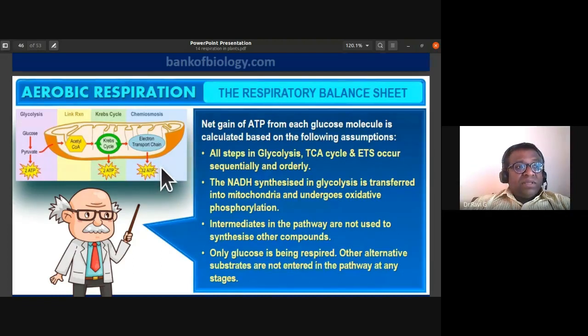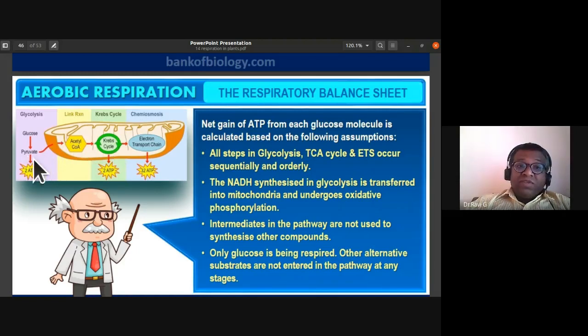So 2 FADH2, they are going to fetch around 4 of this ATP. The second thing is the NADH synthesized in glycolysis is transferred into mitochondria and undergoes oxidative phosphorylation.